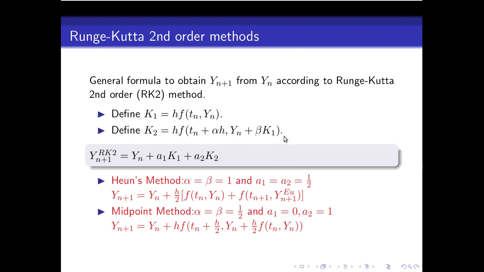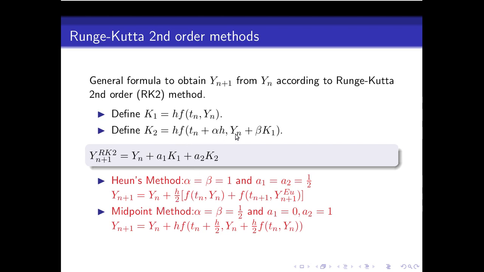Why this kind of formula, we'll see later, but first notice that if you just put alpha equal to 1, beta equal to 1, a1 equal to half and a2 equal to half, we recover Heun's formula.